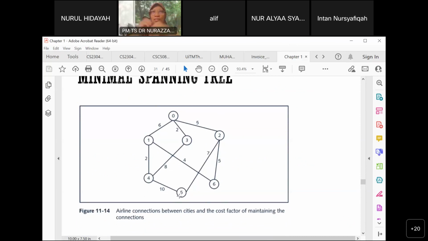Nak maintain dia punya, contohnya. Kan bila satu kapal terbang tu nak terbang from one city to another city, dia melibatkan banyak kos. Bukan saja dari segi minyak yang digunakan untuk fly the airplane, but also the company has to pay for airport tax kan. Sebab tu dia cut cost, dia tak nak pergi ke banyak airport contohnya.